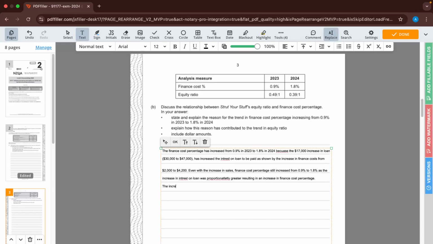So I'd say the increase in debt from 30,000 to 47,000 for SYS, just abbreviate it, to purchase, and we want to give an example again, to purchase the new security system and pay their overdraft, was all funded by an increase in debt and not from the owner.